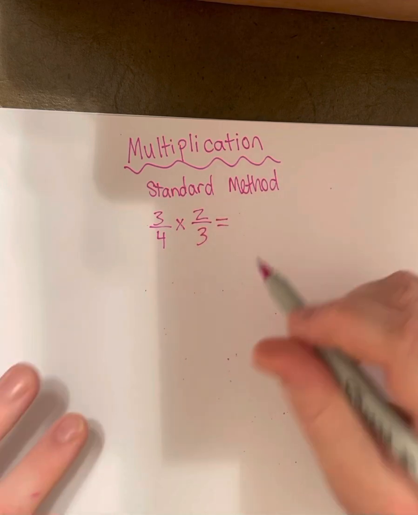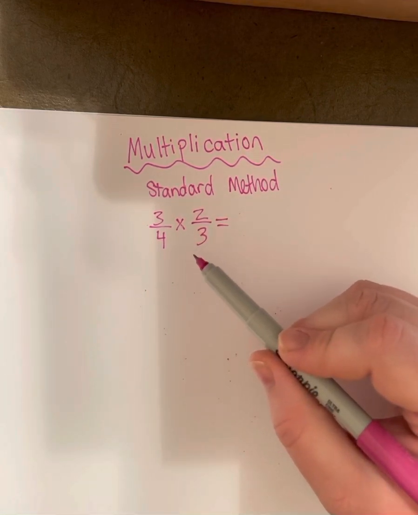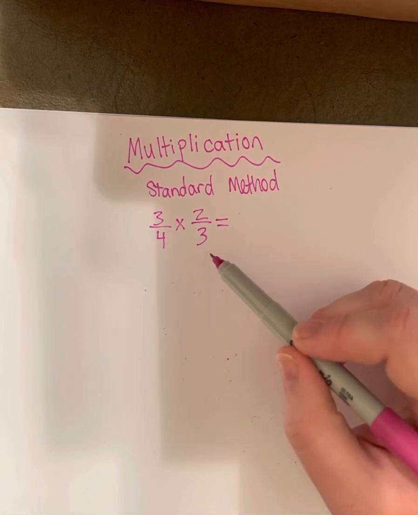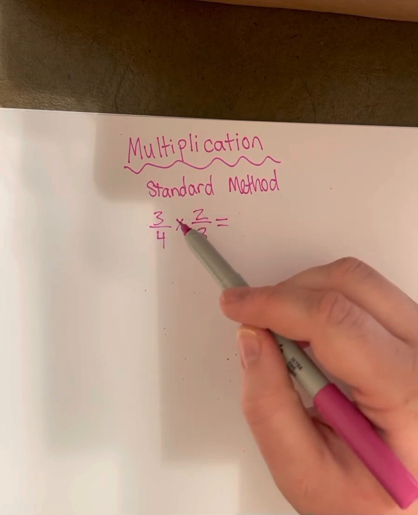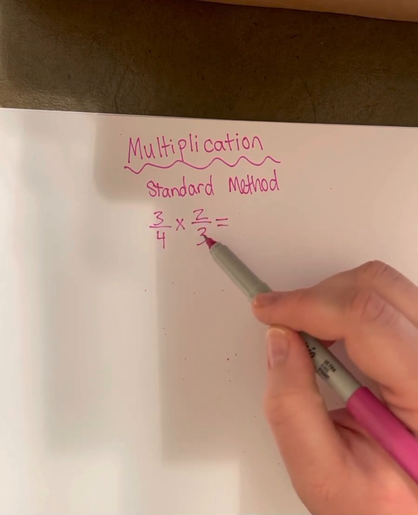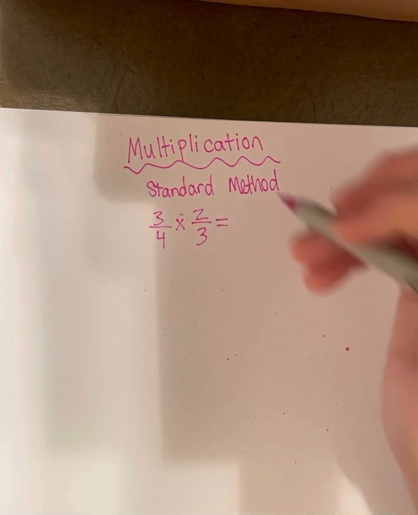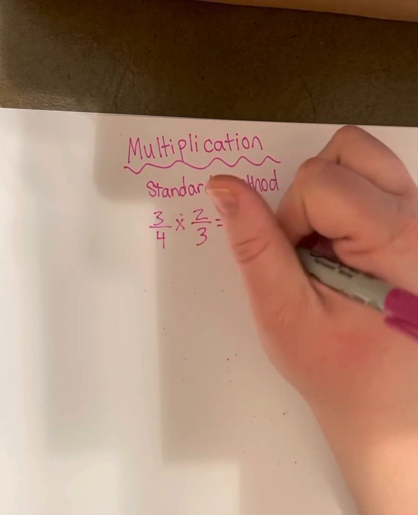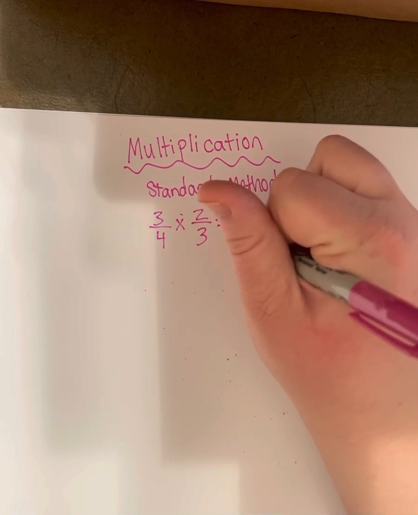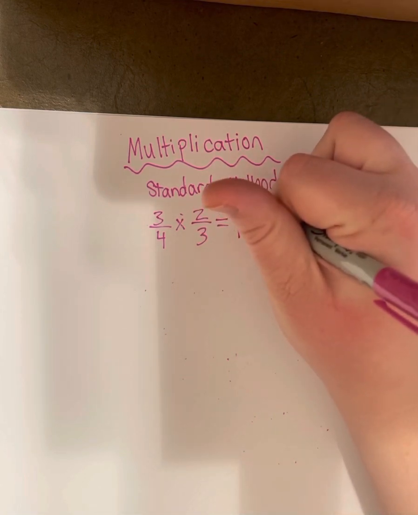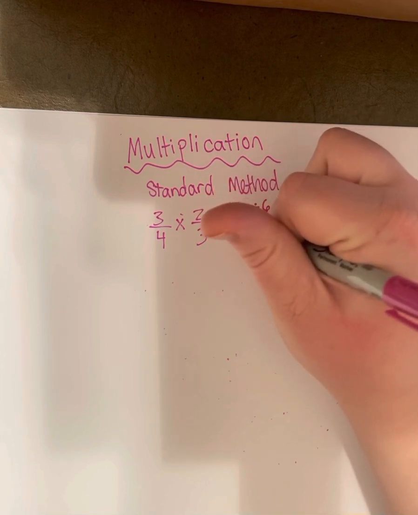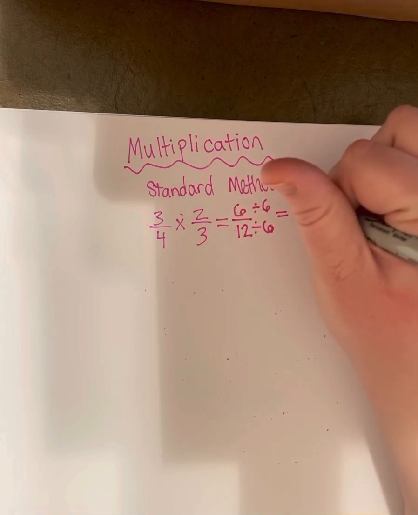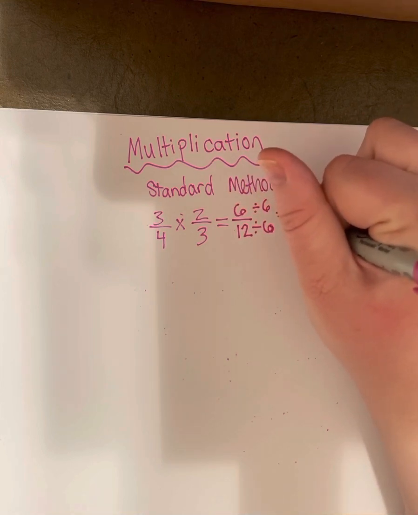And for this, we do not have to change the denominator or make them common multiples or anything like that. All we do is multiply the numerators and multiply the denominators. So 3 times 2 is 6. 4 times 3 is 12. So then we would need to simplify, and we know that 6 goes into both the numerator and the denominator. And this would give us 1 over 2.